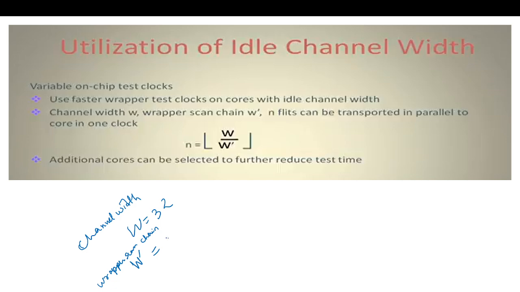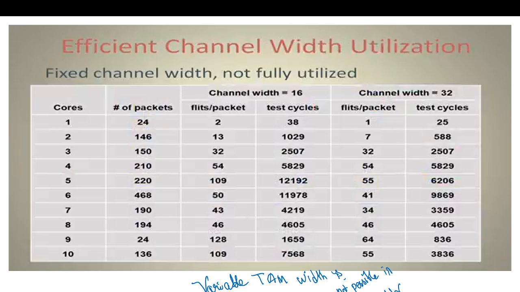Say it is 8, then N is equal to 32 divided by 8, which is 4. So what is the fixed?